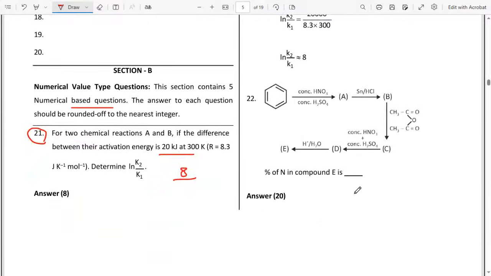It is very, very important, students. So concentrated nitric acid and sulfuric acid, what happens? Nitration takes place. So here you are going to get nitration. Benzene with HNO3, right, gives nitro compound.